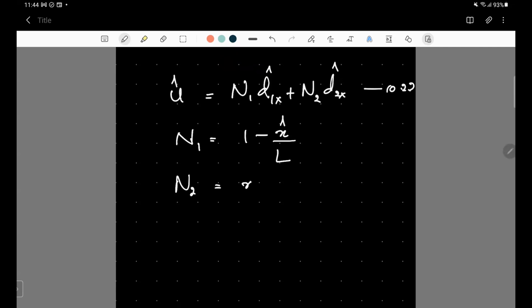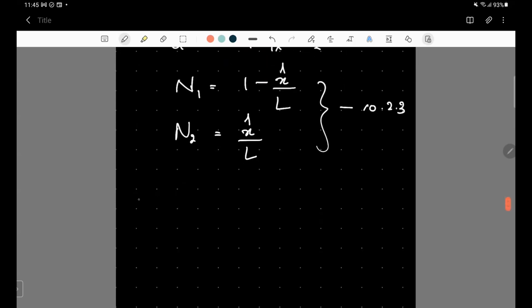N2 is nothing but x hat divided by L. So at a length of L, the N2 shape function is equal to 1. So both these equations are correct, because at the particular node, the value of the shape function should be equal to 1. We can use this equation further.